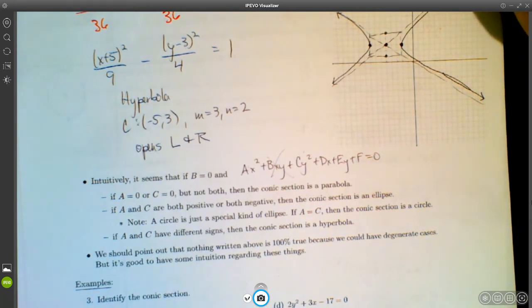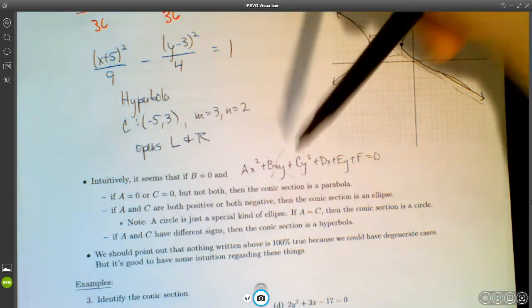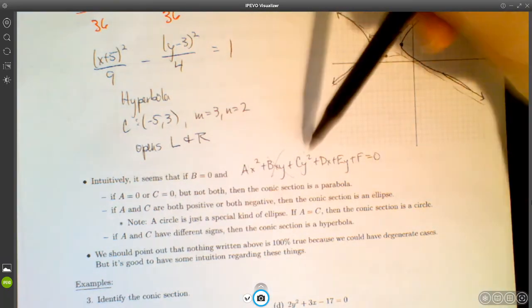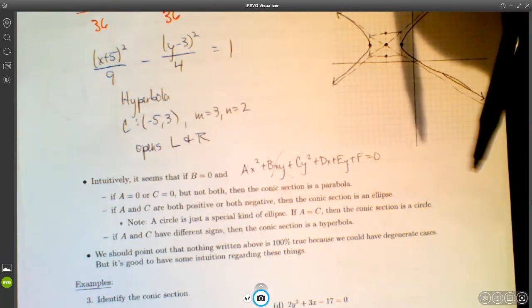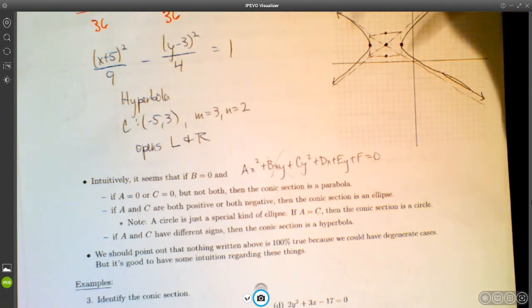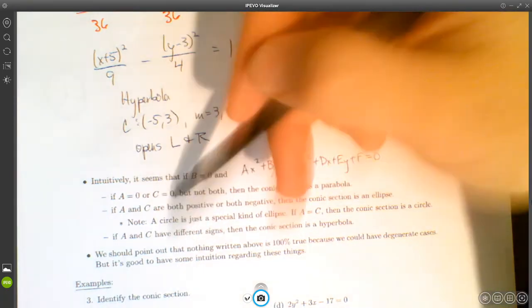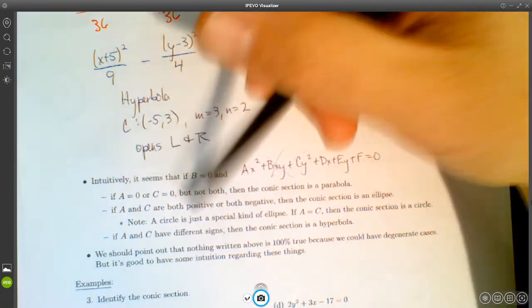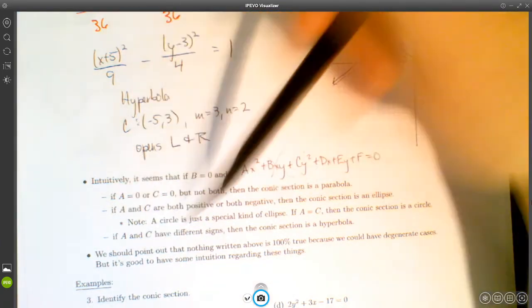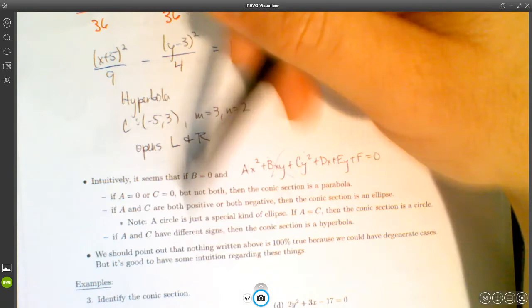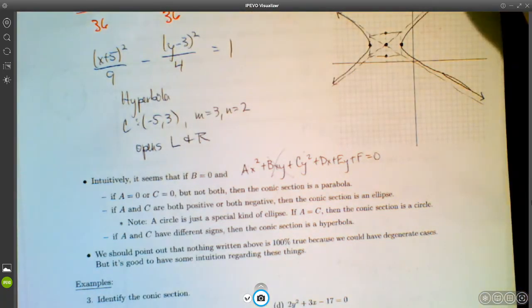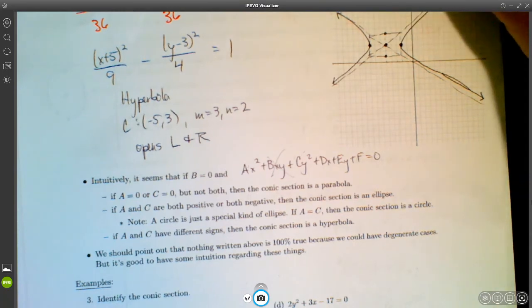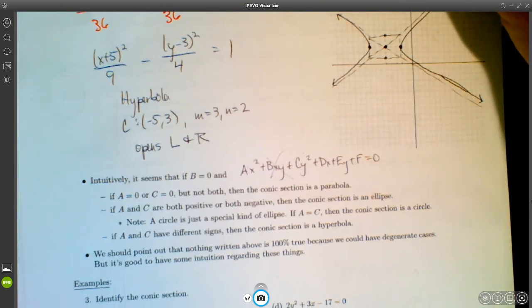You could have degenerate cases, but assuming that the values for A, C, D, E, and F all give you an actual conic section as a result, then these statements are true. So these are not super precise, but they do give you some intuition as to what you can expect to happen before you go to complete the square.